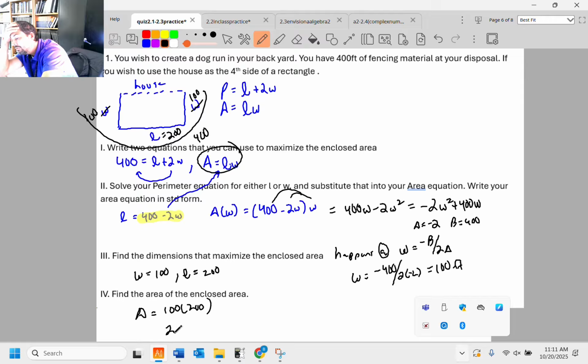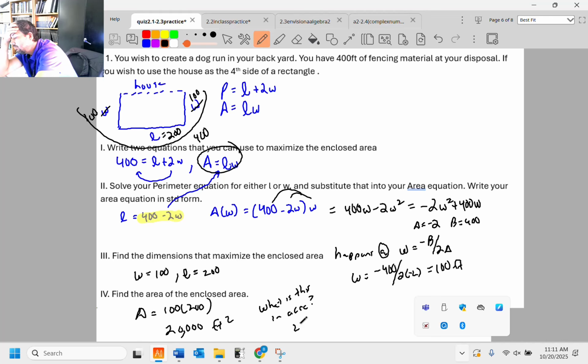Now 1 times 2 is 2, and there are 1, 2, 3, 4 zeros. 20,000 square feet. Now, if you want to know what this is in acres, because I think people have a good idea of what an acre of ground looks like, it's not that big.